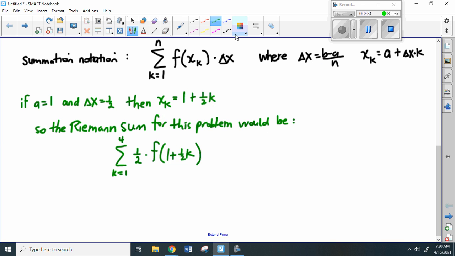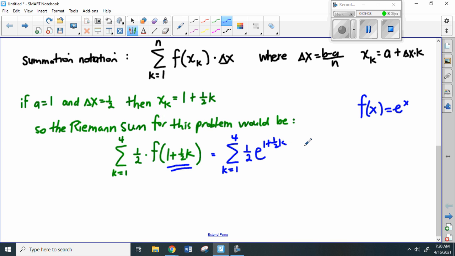Now, remember, our function was e to the x. So I can actually write this even more simplified by plugging this 1 plus 1/2 k into my function in place of x.